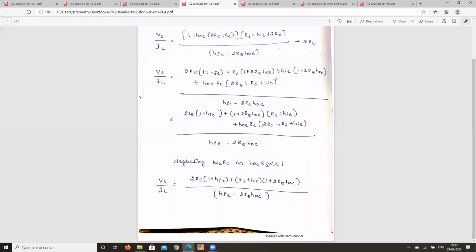Your collector resistance is an output resistance, and the output resistance would be small for any amplifier, so the combination HOERC is much less than 1. So I can neglect this term.